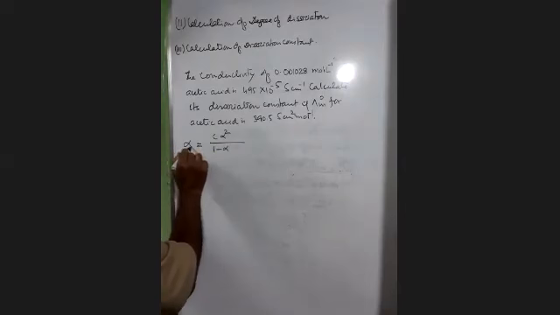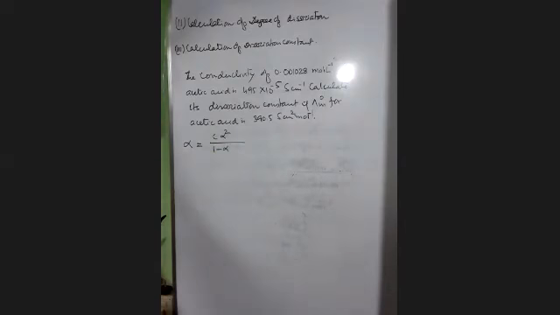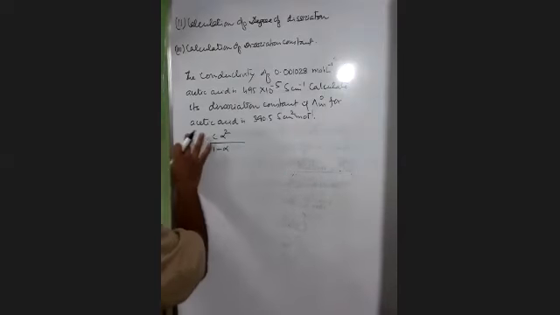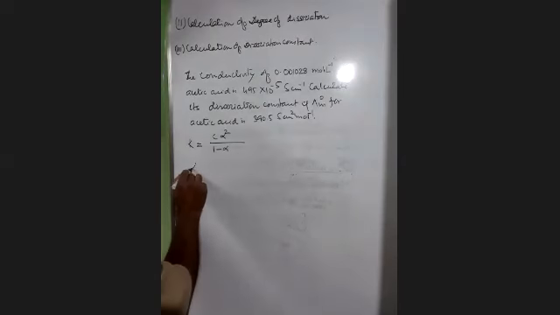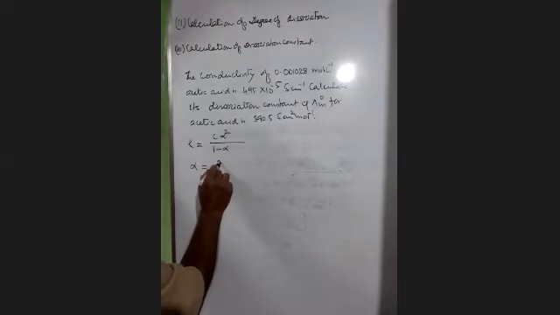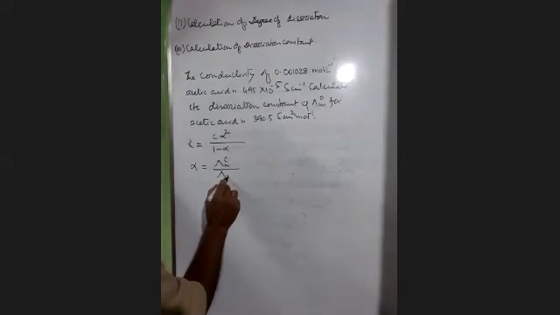This is the equation, but you do not know alpha. So what is alpha? Alpha is lambda MC by lambda M0.